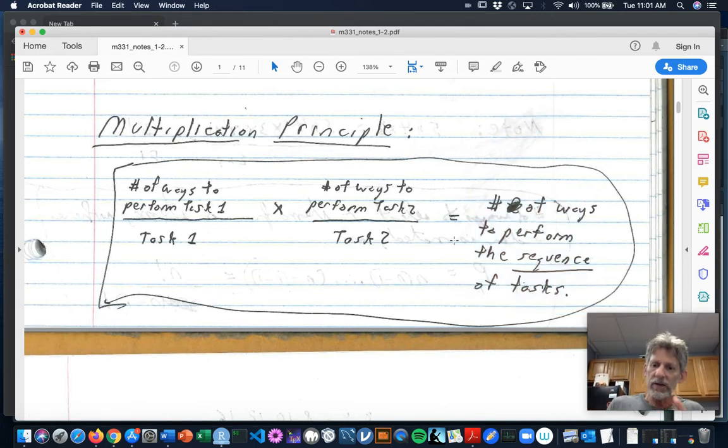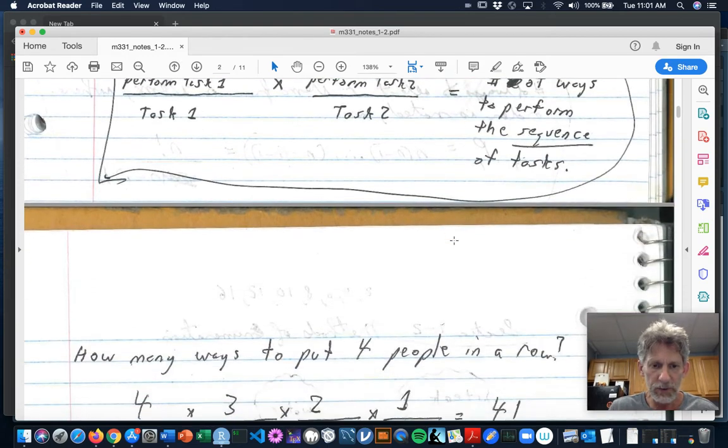So that's the multiplication principle, and you can apply it even when there's more than 2 tasks. The only caution is that for each subsequent task, the number of ways you can do it has to be the same, no matter the choices that you've made for the previous tasks. That's the multiplication principle.